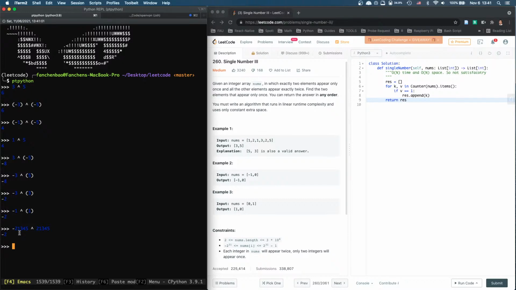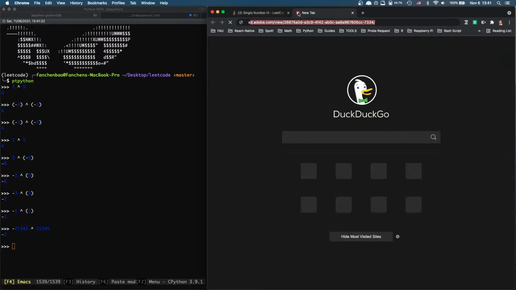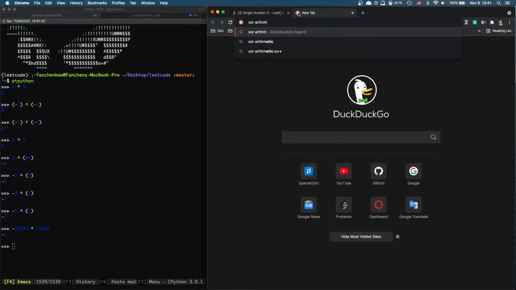I feel like we're so close. We only have the exclusive or, we don't have the original. What's the arithmetic for exclusive or?